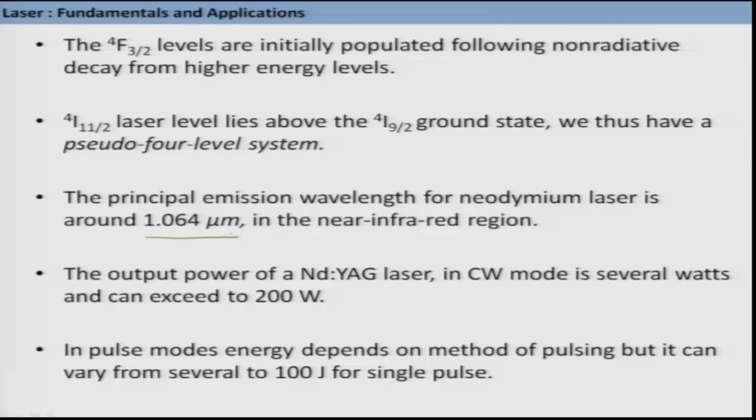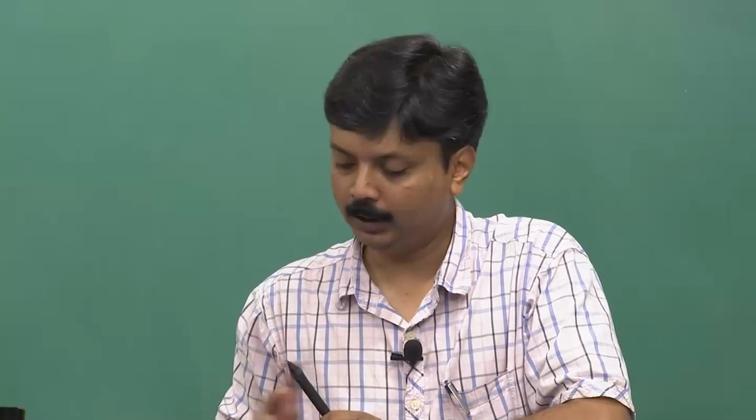A few practical things about the Nd:YAG laser: it is a source of very high power light. Of course, the power can be controlled, but you can go beyond 200 watt, which is really powerful, and you can operate it in continuous wave mode. It is actually a 4-level laser.